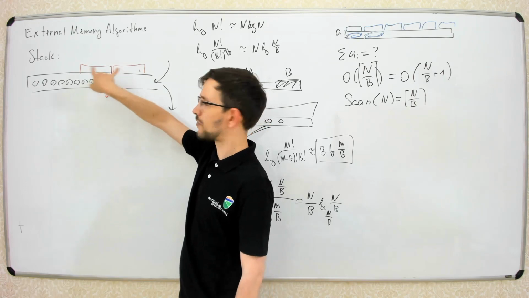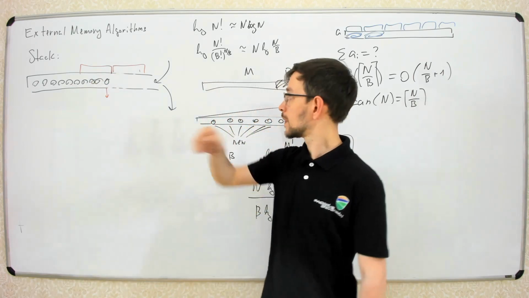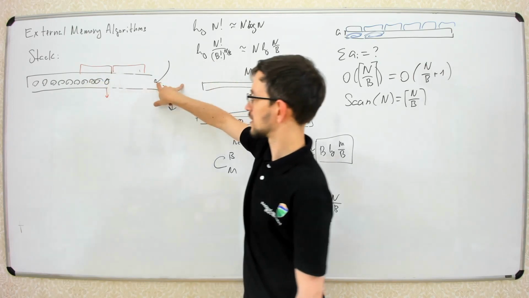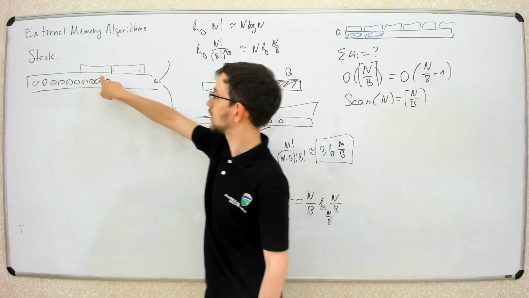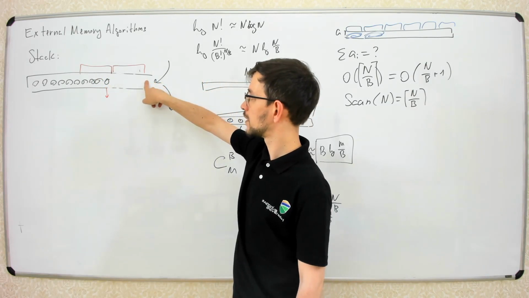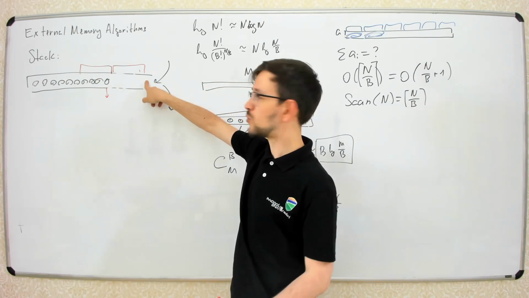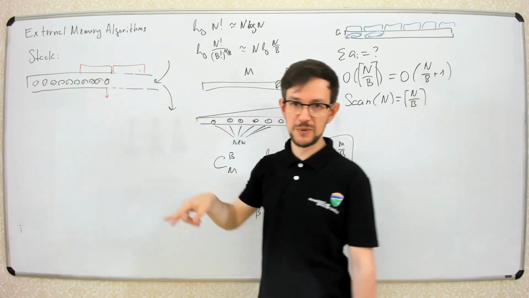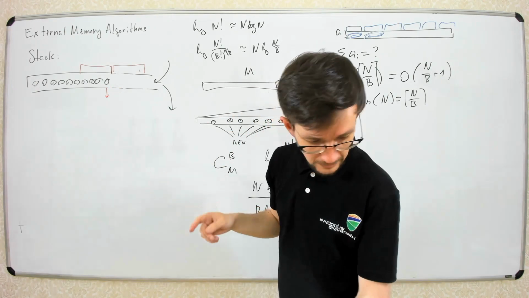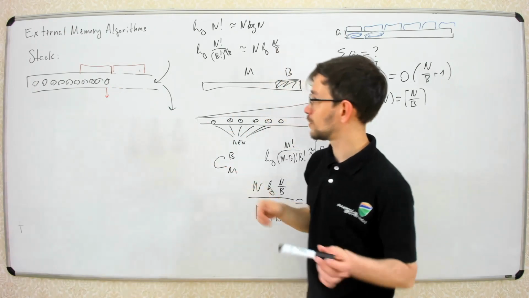We just put both these blocks in our local memory. When this block is full, we forget about the other block and move to the next block. We will forget about a block only when we move to this point. When we move to this point, if we need to go back here, we need to make at least B operations to move back. So that's how you make an external memory stack.